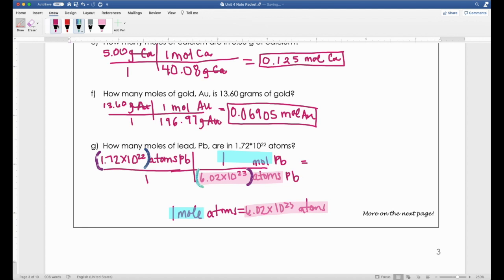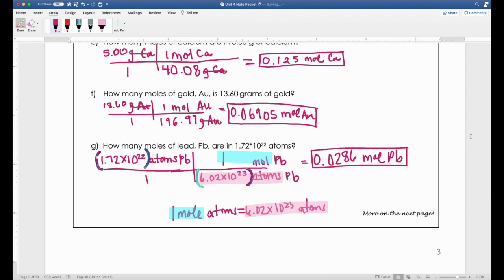If you don't use parentheses, you're not going to get the correct answer, because the calculator is going to do order of operations. So if you are doing this, check your answer with mine. Make sure you're getting the same thing that I'm getting. Your answer should be 0.0286 moles of lead.